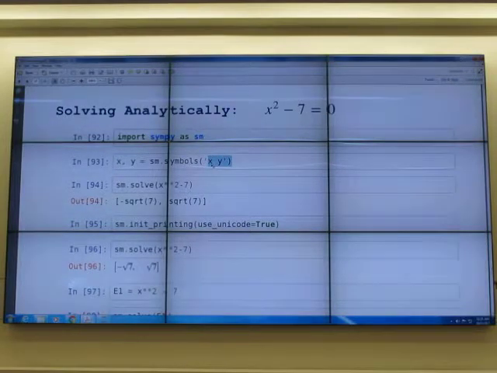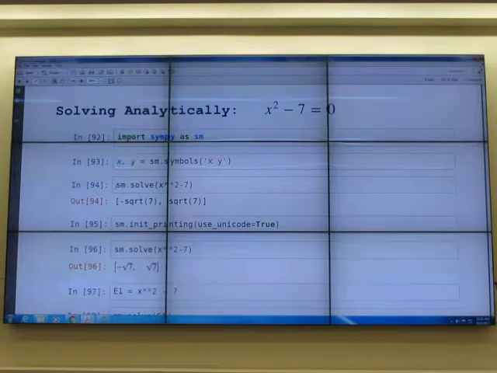So this line 93 declares that x and y are symbols in symbolic computation. That's the first step. Otherwise, if you don't declare it first, it crashes with a type mismatch.